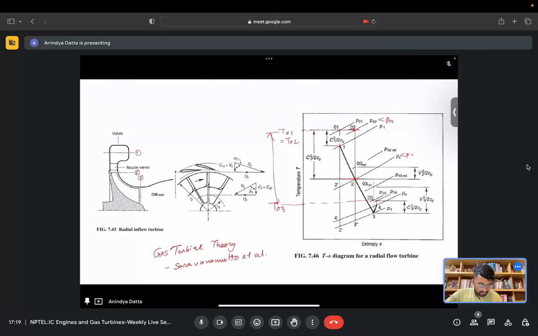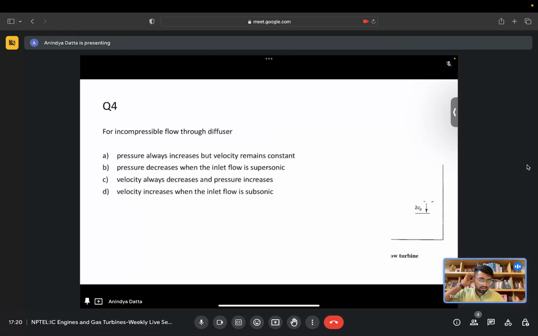Then 3 to 4 is a small part because there is a diffuser again, so there is a small rise in static pressure, and also, as you can see, the velocity decreases.